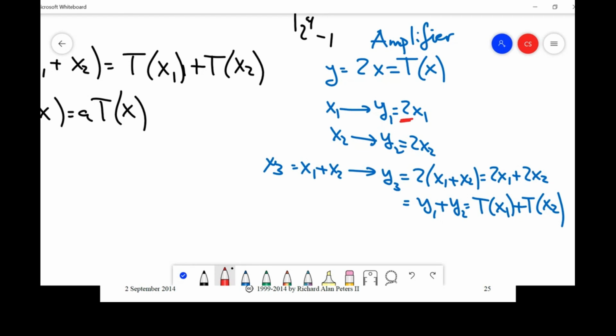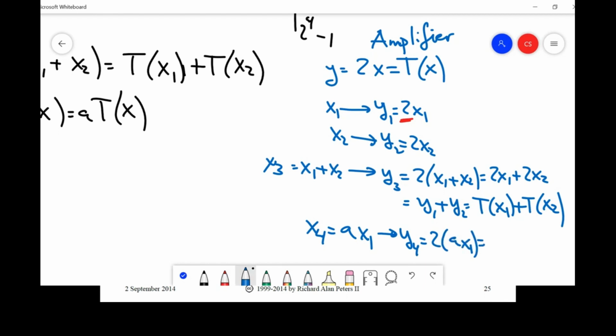What about the second one? Let's say that I have now another signal that is x4. x4 is twice x1. Or let's not use twice, let's say it is 3 times. Or in general, it is a times x1. So what about y4? y4 is twice a x1.